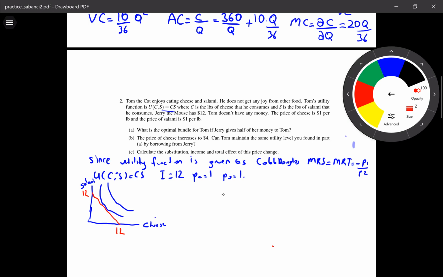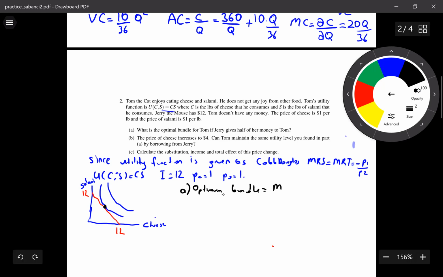In part A, it asks for the optimum bundle. We have done this before the midterm.